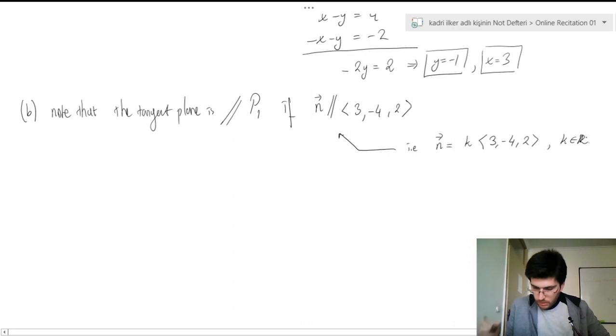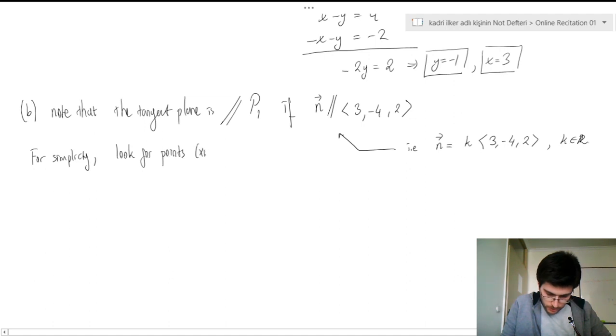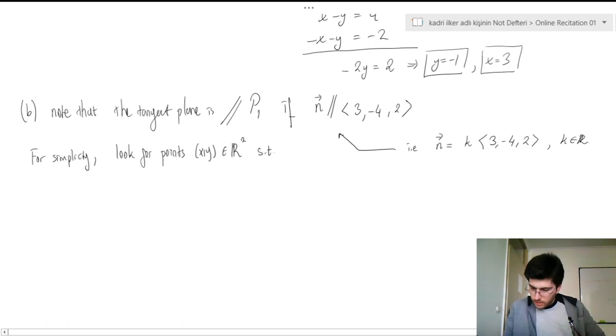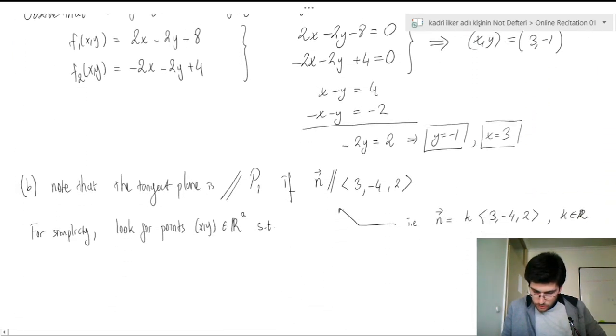Anyways, just for simplicity, we look for points (x, y) in R2 such that, let's see, going back to the definition, minus f1(x, y) should be equal to 2.